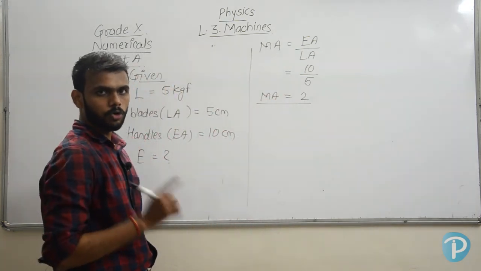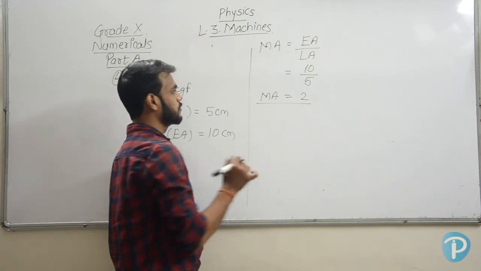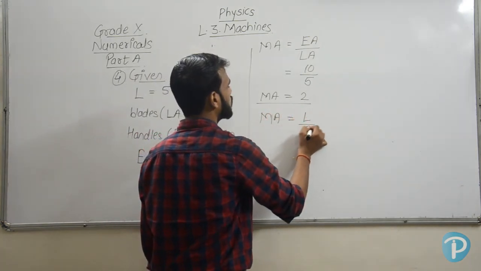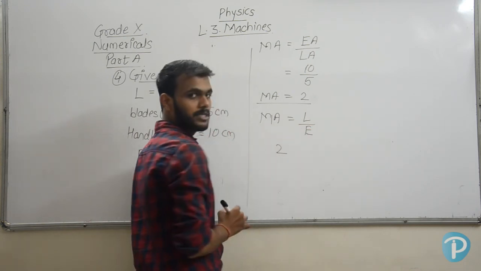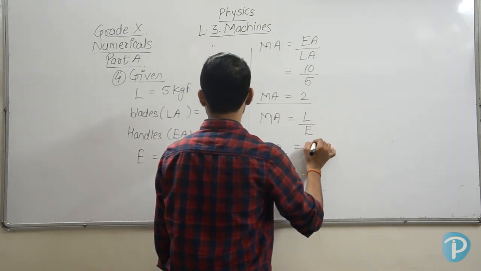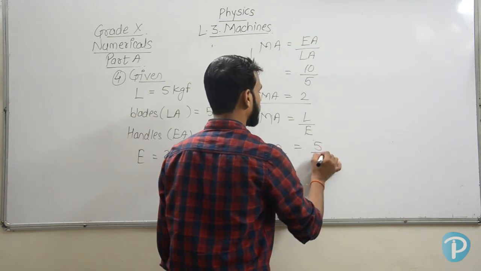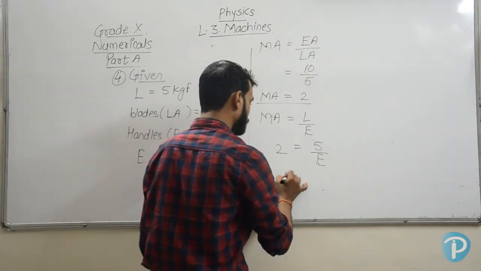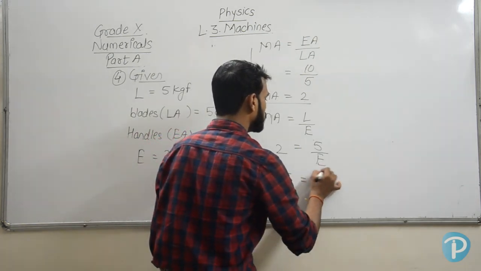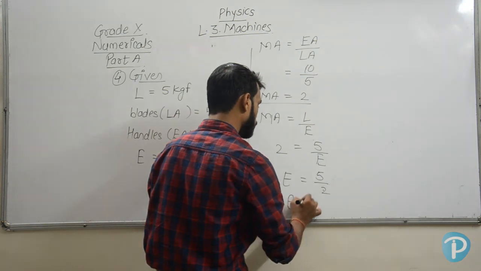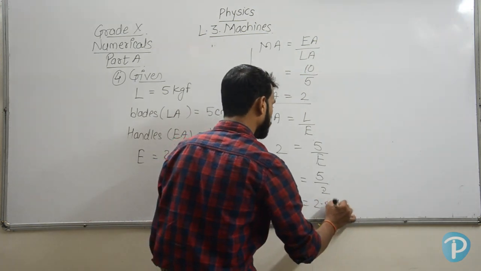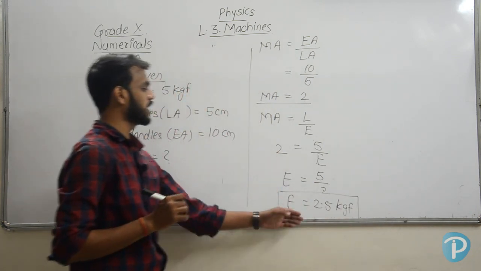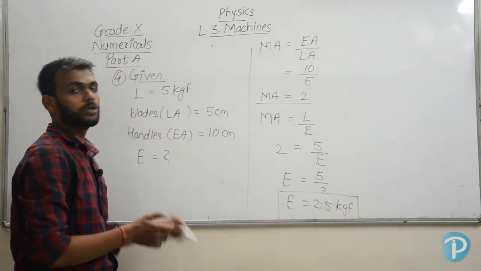We have one more formula to calculate MA. Normal equation for MA is load upon effort. So value of MA is 2, load value is already given, which is 5, and effort value we have to calculate. So if we reshuffle it, E is equal to 5 upon 2. So E will be 2.5 kgf. So in this way we have calculated the effort required to cut that metal sheet.